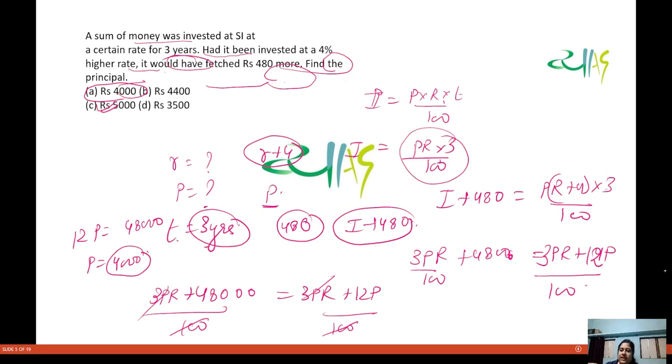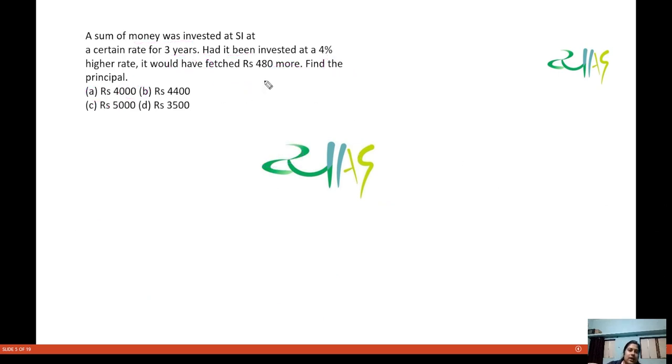What we did here is that it is saying a certain sum of money was invested at simple interest at a certain rate for 3 years, and had it been invested at a 4% higher rate, it would have fetched 480 more.